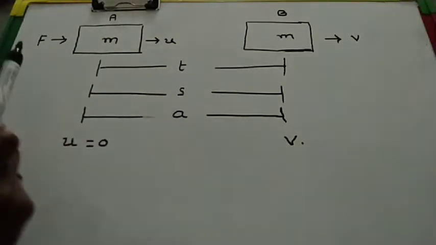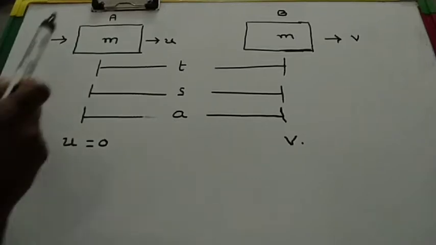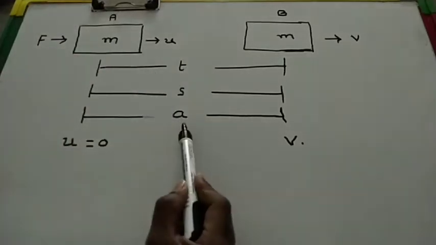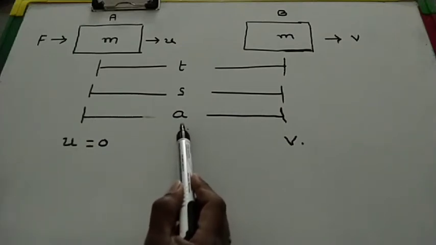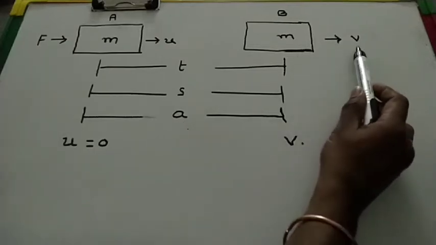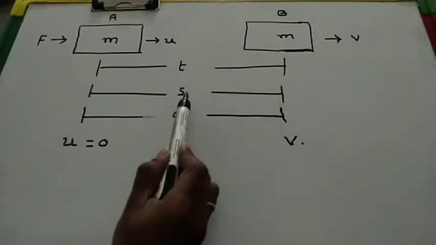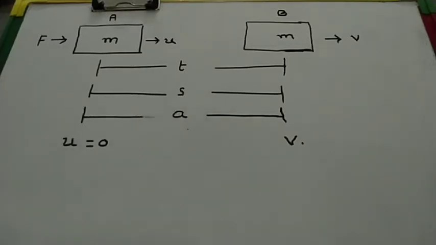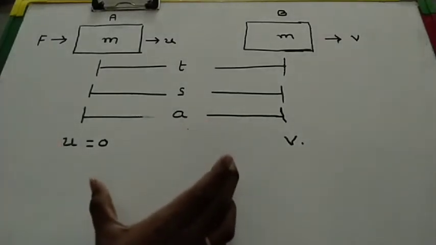A constant force F acts on the object such that the acceleration produced in the body is a. Let the body move with a velocity v after a displacement s. Okay, I hope you understood this diagram.